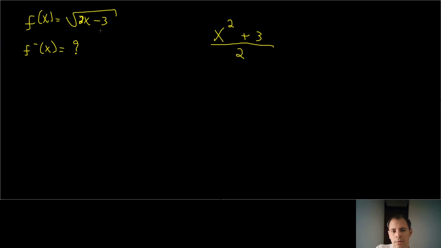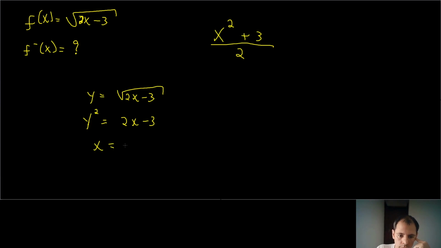I was able to do this, but is there some easier way to do that? Yes, you do it like this. y equals the square root of 2x minus 3. So you want to isolate this x, so you square everything, and x is just going to be equal to y squared plus 3 divided by 2.